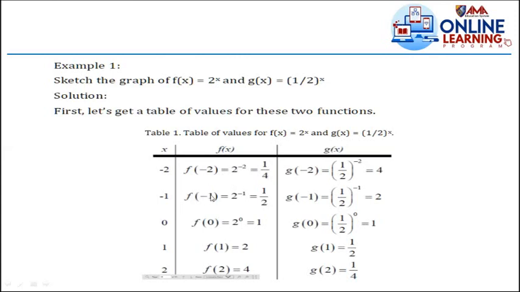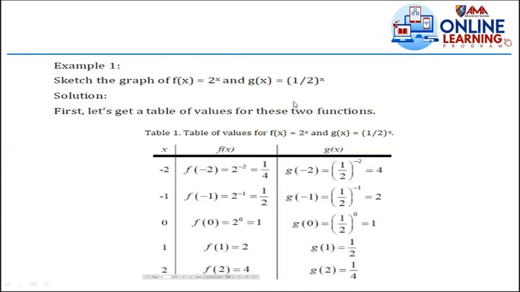If x is equal to negative 1, 2 raised to negative 1 is the same as 1 all over 2. 2 raised to 0, any number raised to 0 is equivalent to 1. 2 raised to 1 is 2. 2 raised to 2, the answer is 4.